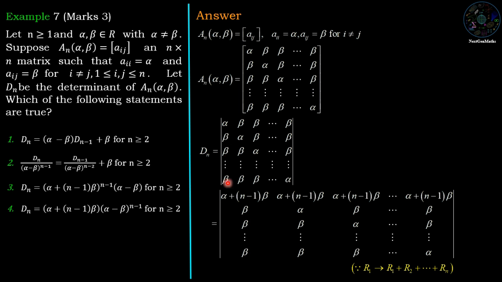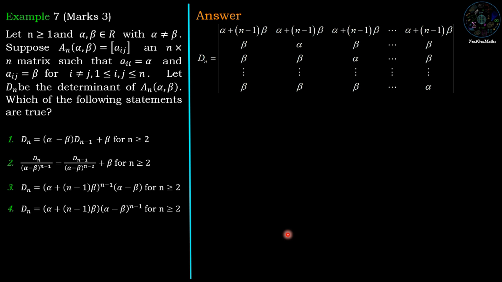That means in the first column we get alpha plus beta plus beta plus beta, with n minus 1 times beta, therefore alpha plus n minus 1 beta. Similarly in the second column, beta plus alpha plus beta plus beta, one value of alpha and the remaining n minus 1 values of beta. For all the remaining columns, we get the same value, alpha plus n minus 1 into beta. This row operation does not change the value of the determinant.